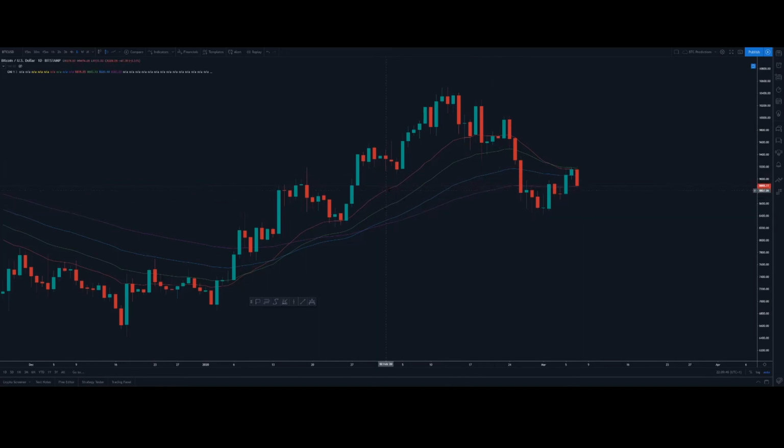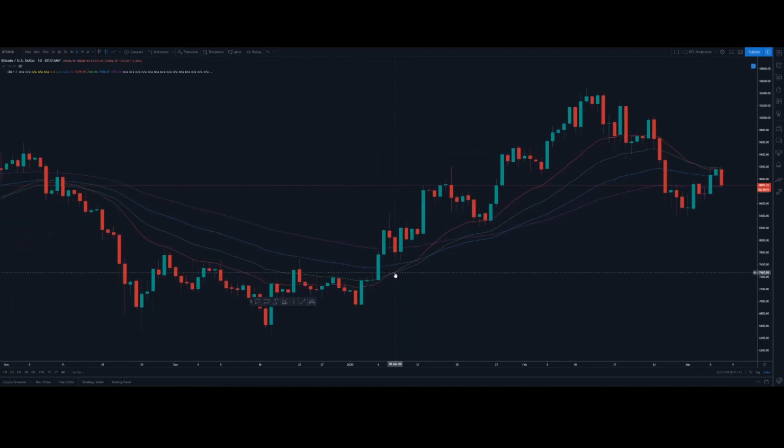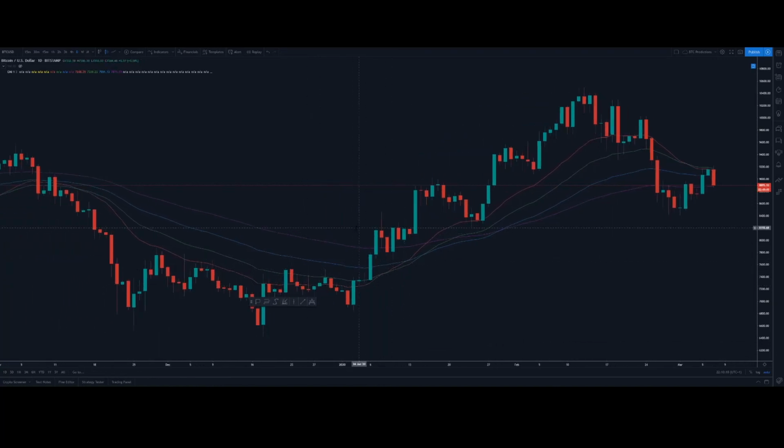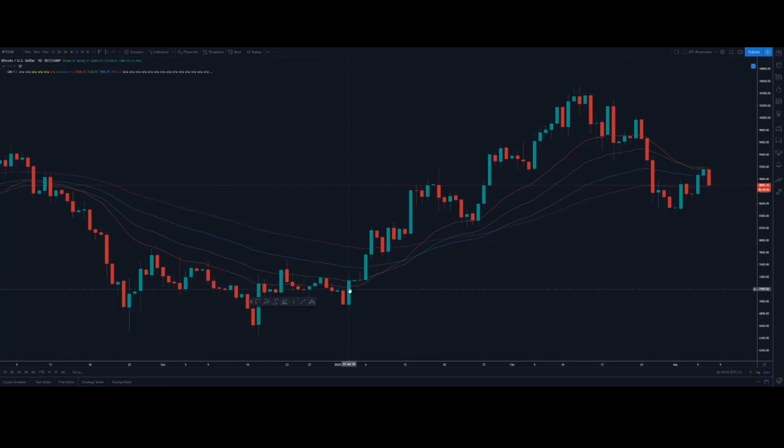But I don't like this. I don't use this because I feel this is far too late. Here was a beautiful point to enter long or buy some bitcoins in this case. But an even earlier signal would have been here when this candle closed above.